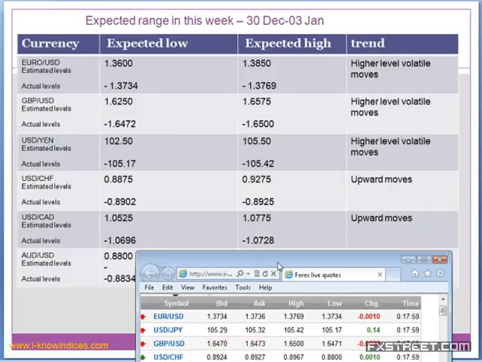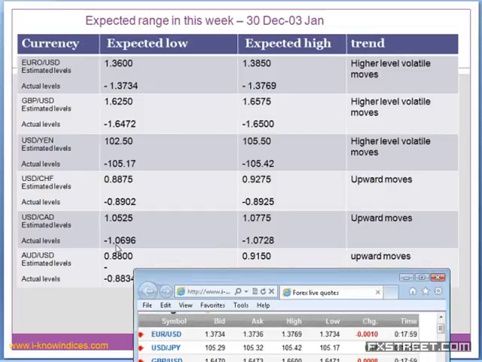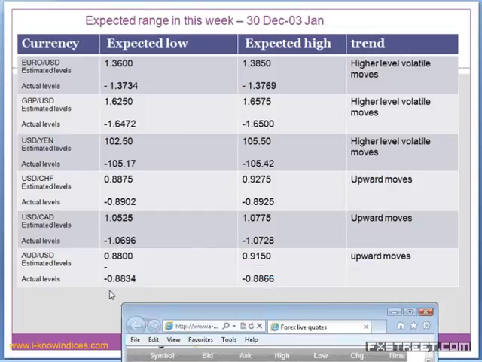Also in the case of USD CAD, they are expected to make range bound moves. And in the case of Australian dollar, they are expected to make an upward move. At that time, you will find that Euro and GBP are making either way moves and making corrections. But Aussie, they will try to gain the levels before making a big drop in the case of Aussie to 0.85 area.